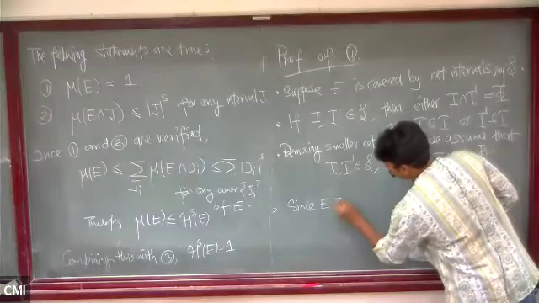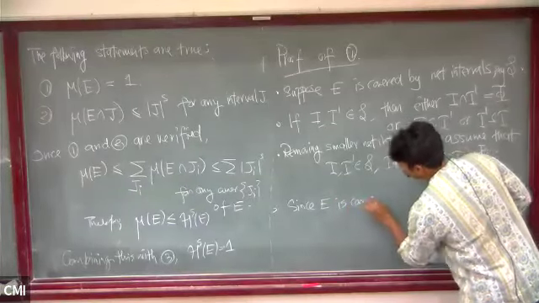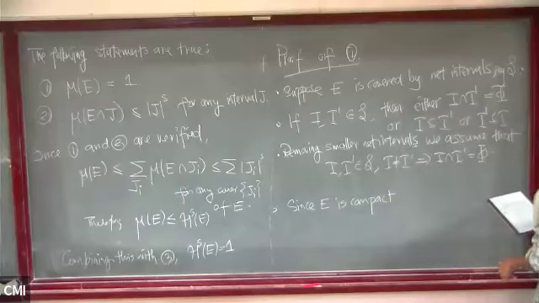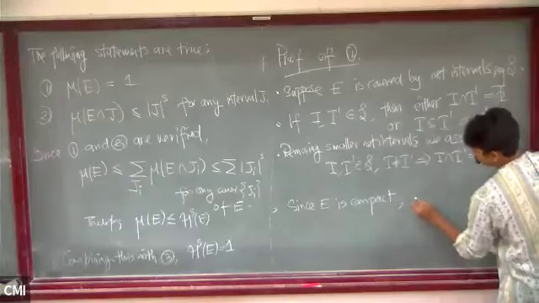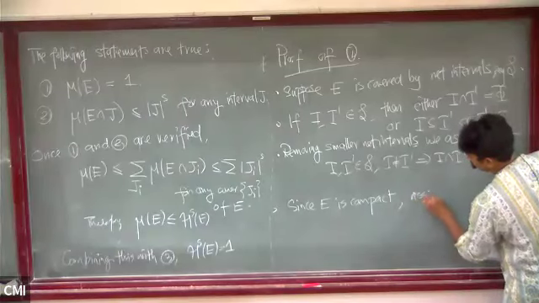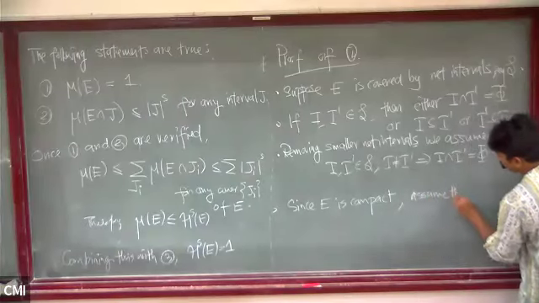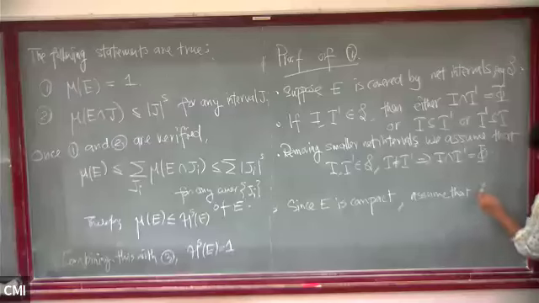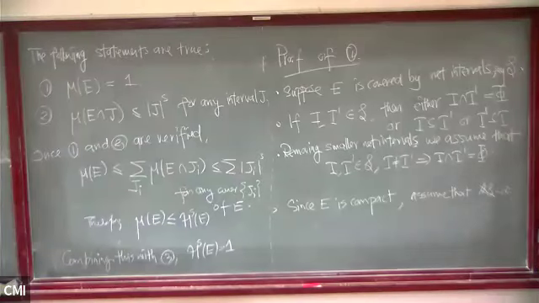Since E is compact, I can also assume that curly S is a finite collection of intervals.